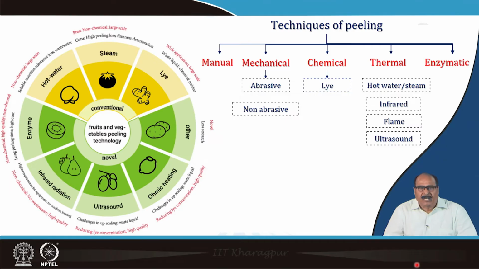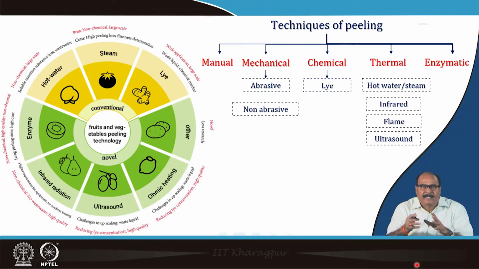The different methods of peeling include manual or mechanical methods like abrasive and non-abrasive methods, chemical methods, or thermal processes like hot water or steam peeling, which is commonly known as live peeling, infrared, flame peeling, ultrasound assisted peeling, etc. and also the enzymatic peeling process is used.